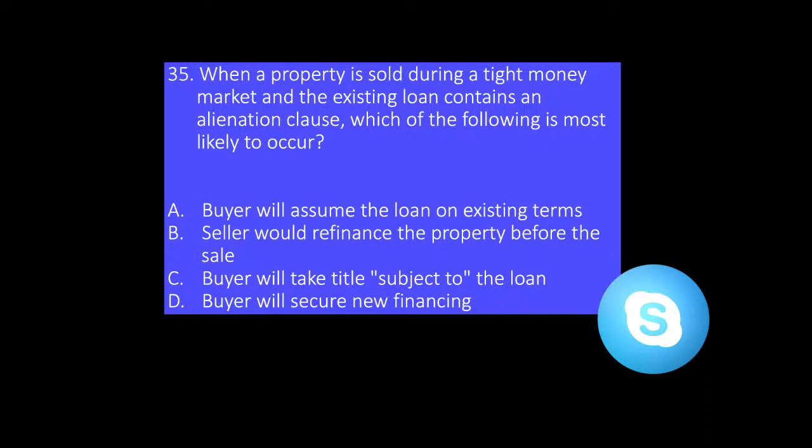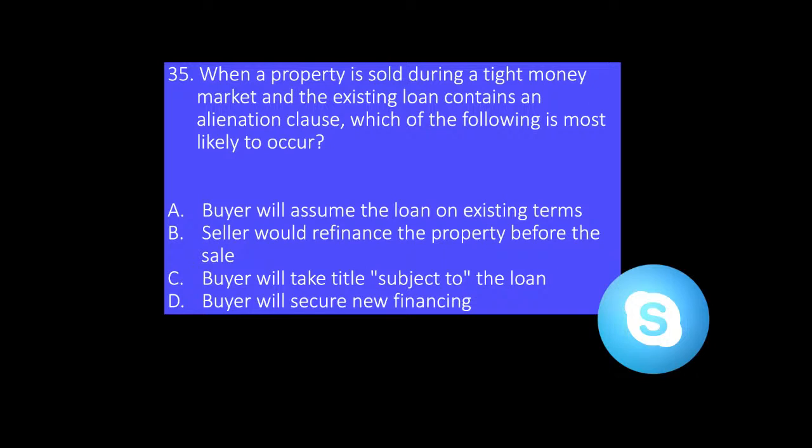When the property is sold during a tight money market. Okay, I'll give you some hints on this one. What's a tight money market? A tight money market means that the monetary policy makes it hard to get loans.